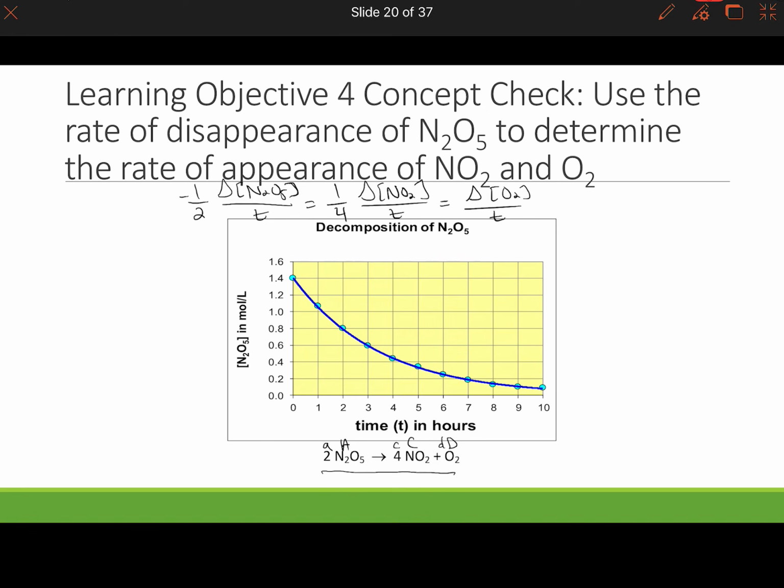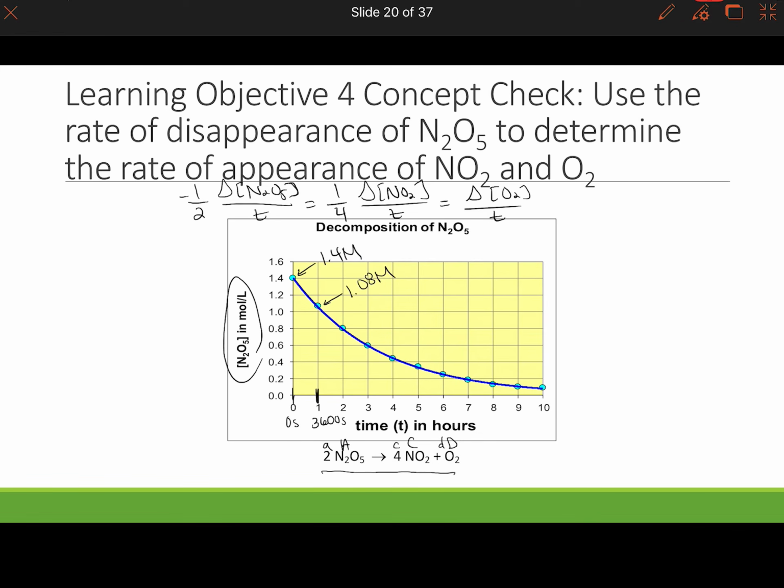So let's try over the interval between 0 and 1 hour, which is also equal to 0 seconds and 3600 seconds. So we're going to look at the way that N2O5 changes over the first hour of the reaction. So we start out at 1.4 molar, and then after an hour we are down to about 1.08 molar.